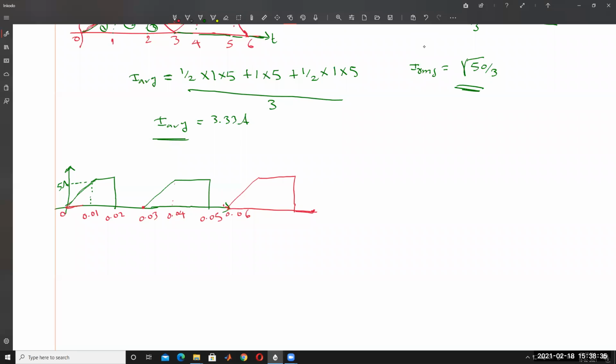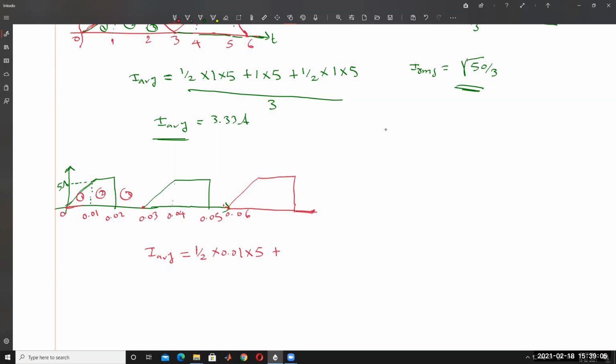Okay, so for this waveform, I average is equal to, in a similar way, half into length into height, the area of each triangle. So for this, the 3, half into 0.01 into height 5 amps.